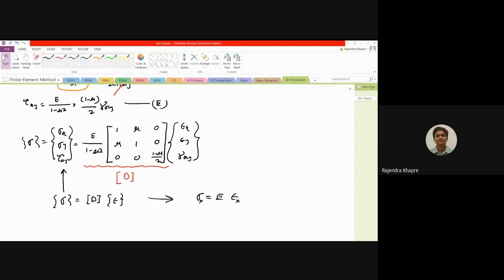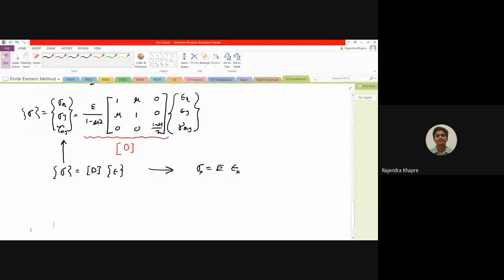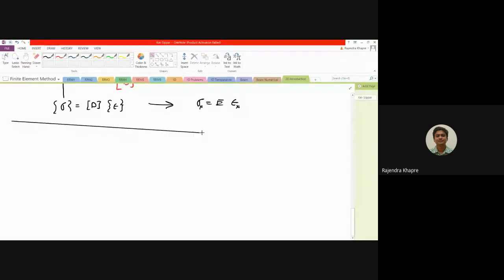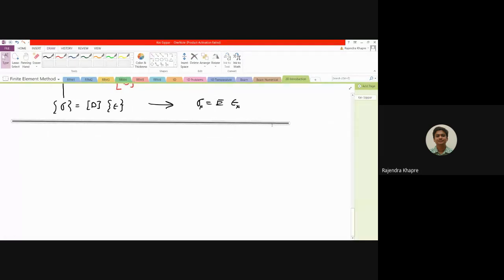Now let us talk about another type of condition which can be seen in 2D problems. So let me put a straight line over here. All right, so let us talk about the plane strain condition now.